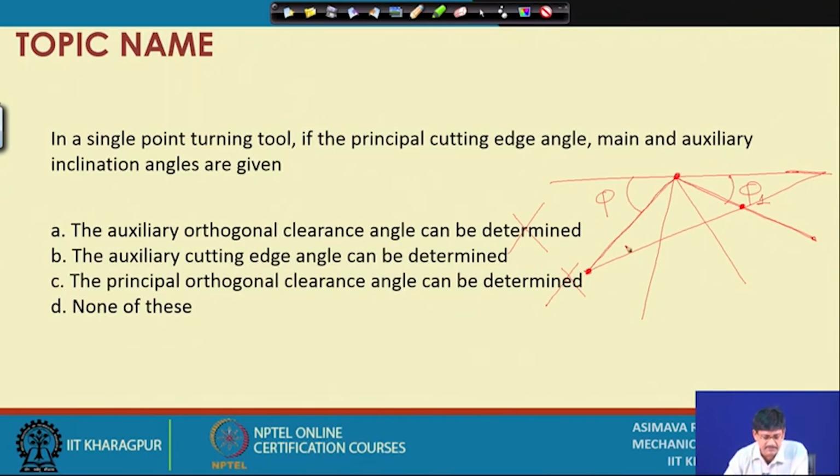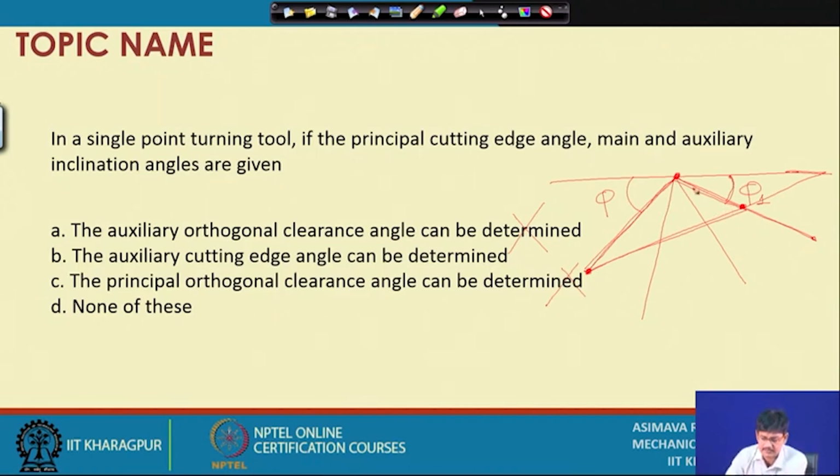But the problem is that this information has not been provided. If the auxiliary cutting edge angle is given, I can find out a third point in the rake surface, and I can join these three and say that yes, this represents the rake surface, but there is not complete information.